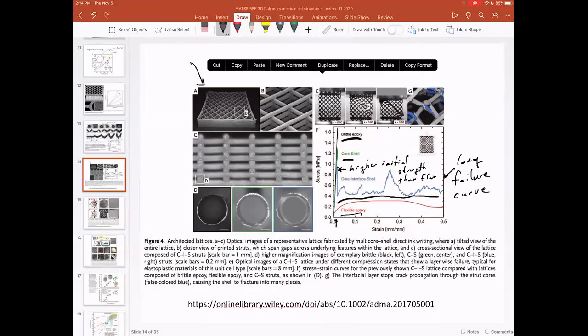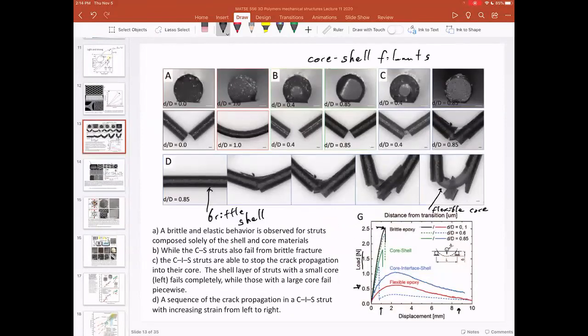And it's only when you really start to push on this and you start to break this lattice as you go 1, 2, 3, having this composite behavior of both high strength plus it fails gracefully over a long displacement might hold some advantages to having just a purely hard material or a brittle epoxy that fails right away, or this flexible epoxy that's just too squishy, especially at low deformation.